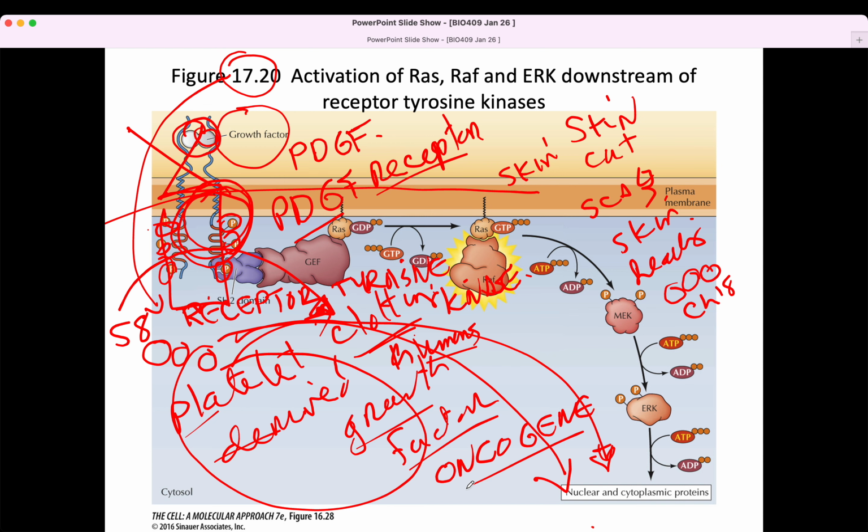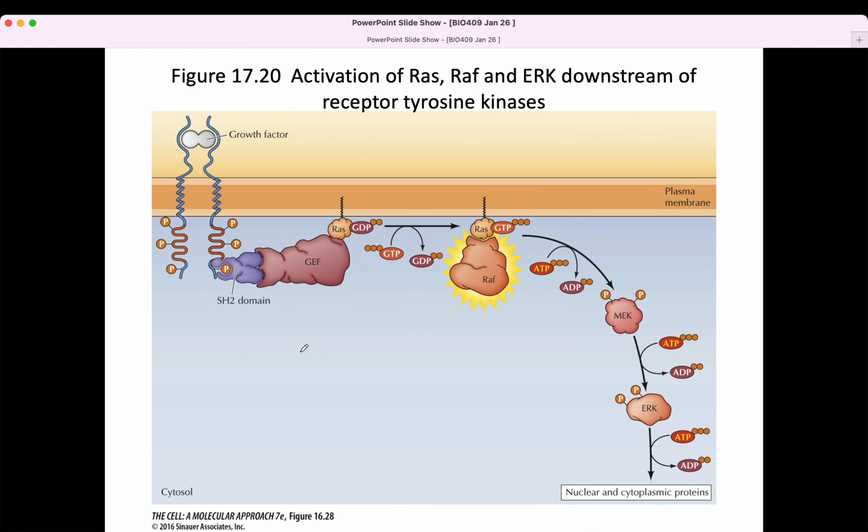So some of these receptors are oncogenes. They regulate normal growth, but when mutated can cause uncontrolled growth. Okay? All right, so now then we're just going to circle the names of the genes, the proteins that we're going to know. So we're going to know PDGF, that's a protein, PDGF, platelet-derived growth factor, that's what it does. Then PDGF receptor.